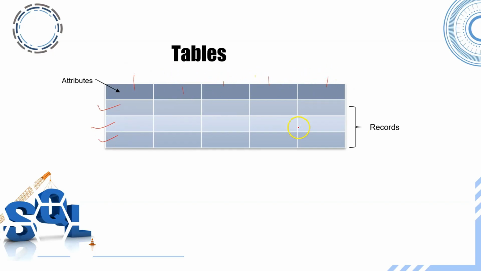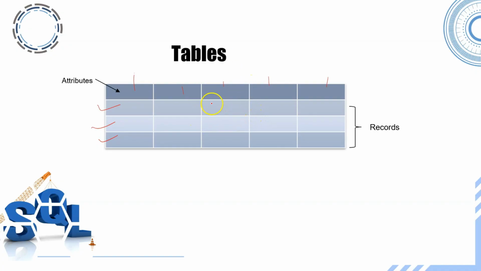In a table, a particular record is stored in a row, so we call all the rows records. And in a table, all the columns store the different attributes for the same record. So the rows store the records and the columns store the attributes for the same record.